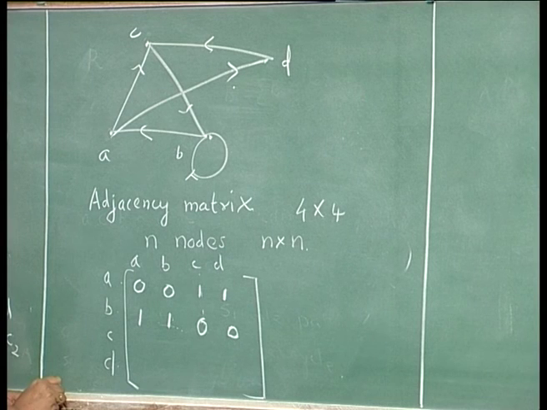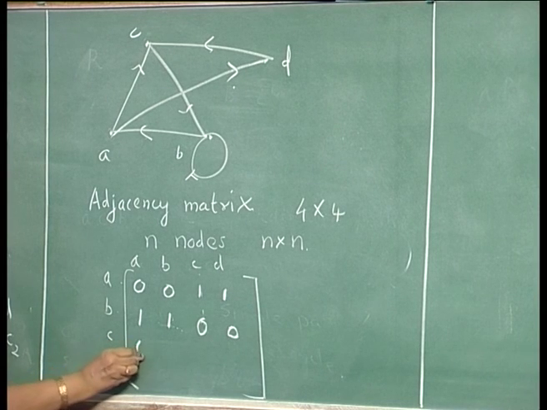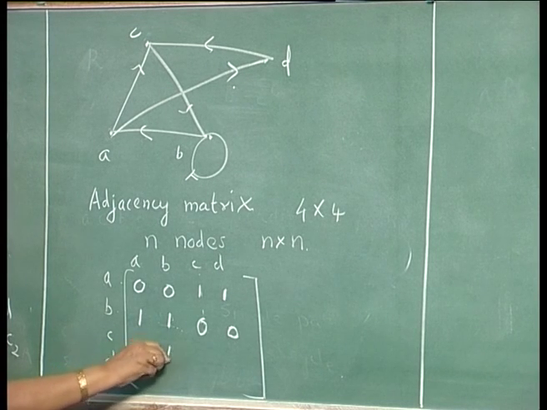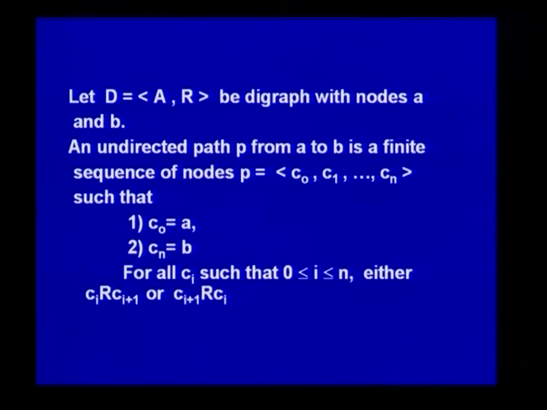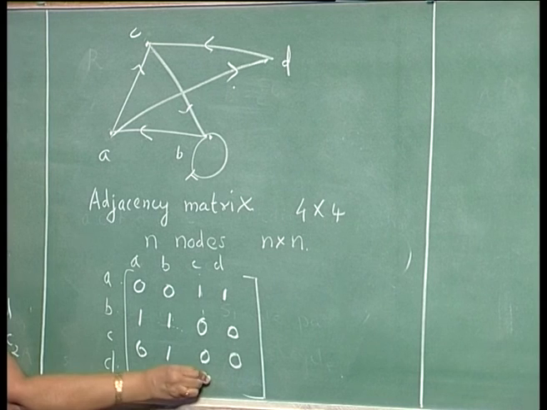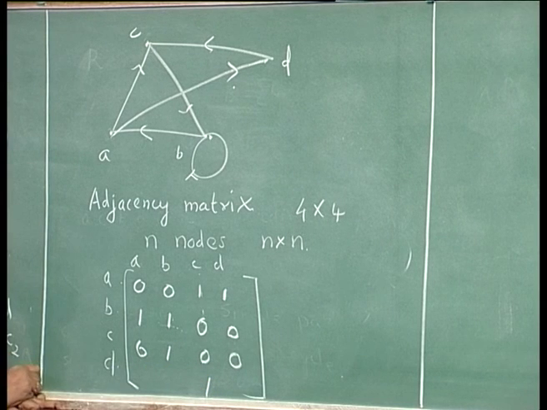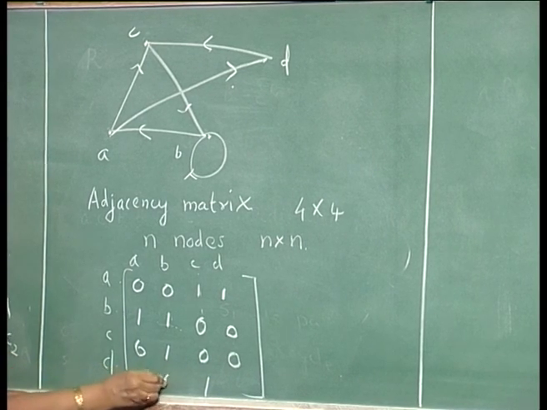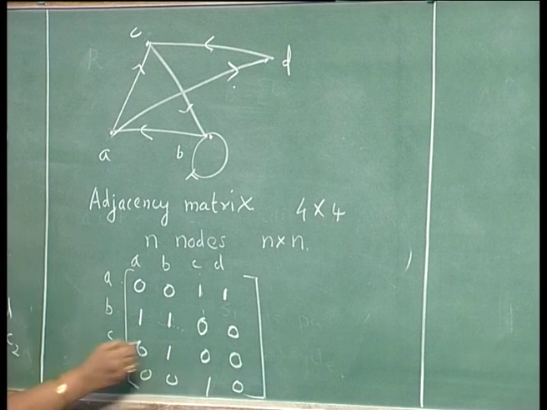From C to A there is no edge, from C to B there is an edge, from C to C no edge, C to D also no edge. So, it is like this. From D to C you have an edge, but you do not have any edge from D to any other node. So, it is represented like this.